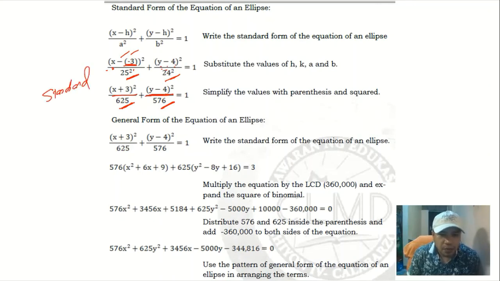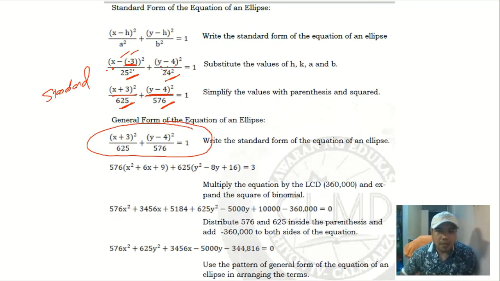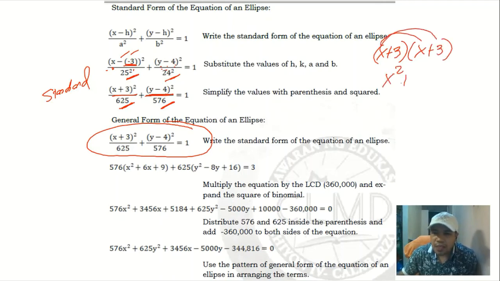Then, for the general form. So, mula dito, expand natin si x plus 3 squared. X plus 3 times x plus 3. That will give us x squared plus 3x plus 3x plus 9.